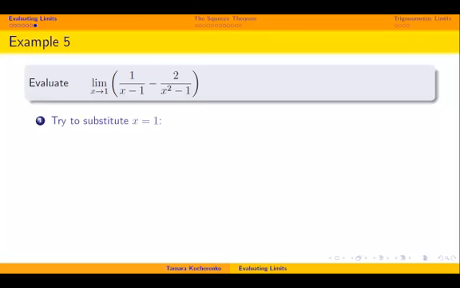We try to substitute the limiting number 1 into the formula and get 1 over (1 - 1) minus 2 over (1 squared - 1), which gives 1 over 0 minus 2 over 0. Since the value of this expression cannot be determined, we transform it algebraically.